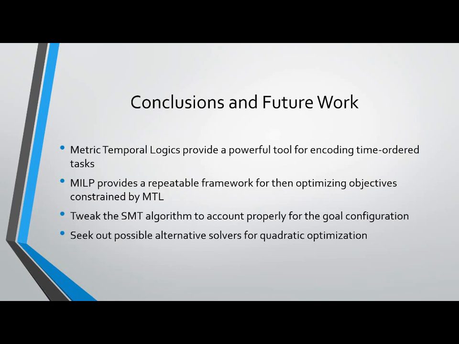There's a whole list of other temporal logics, which I didn't mention, but they're being used in a plethora of applications that involve ordering tasks with respect to time, and they just provide a more natural way of expressing these specifications. MILP provides a repeatable framework for optimizing objectives constrained by MTL, and not just MTL again, but temporal logics in general. And so that's that for the conclusions.